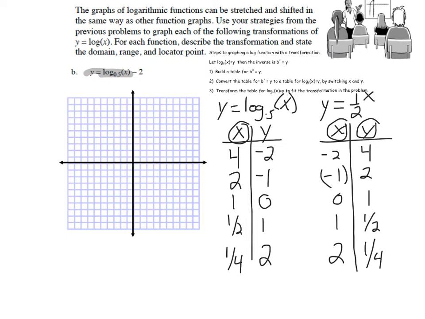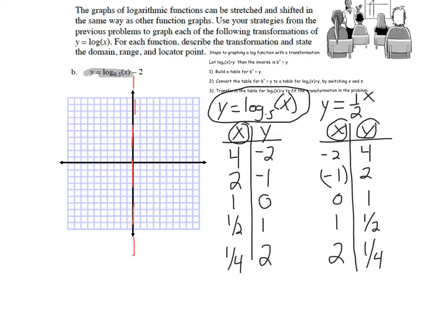Now let's graph y equaling the log of 0.5x. It's going to have a vertical asymptote on the y-axis. Now let's plot our points. 4, -2.